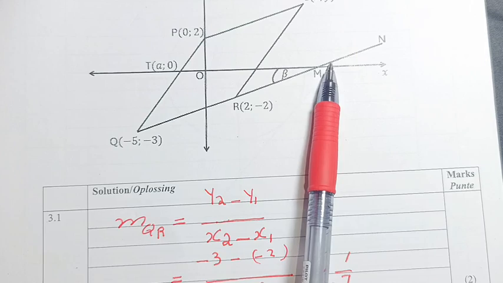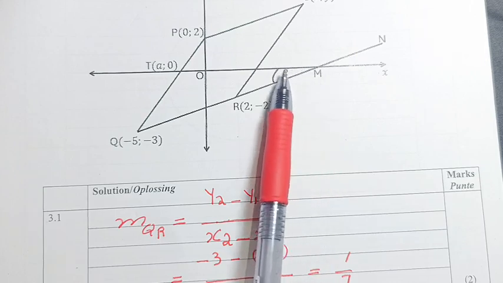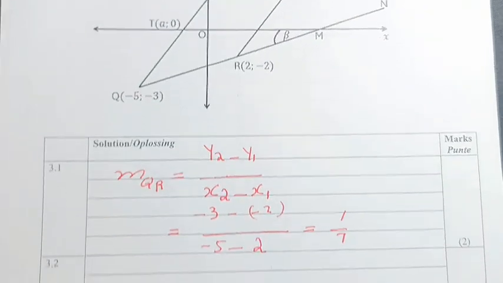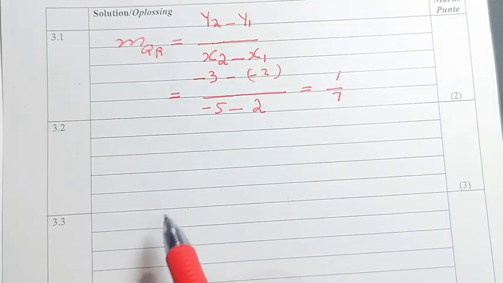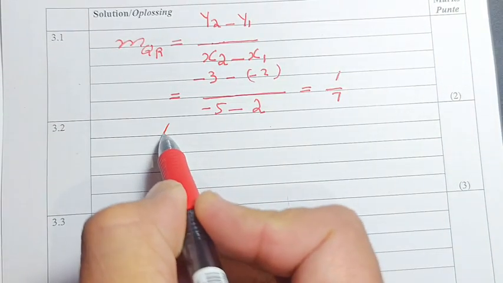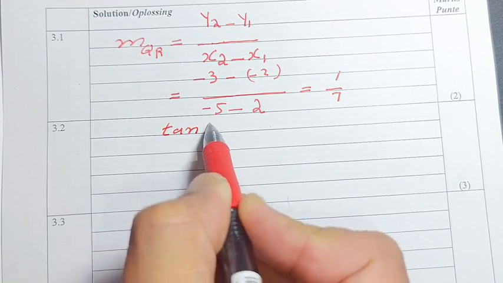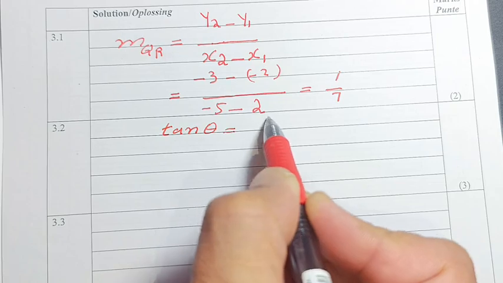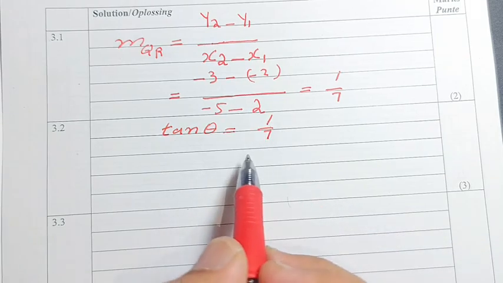When I find that angle, it's a vertical opposite angle, so that's going to be the size of beta. I'm going to say tan theta, the angle of inclination, equals 1/7, the gradient.